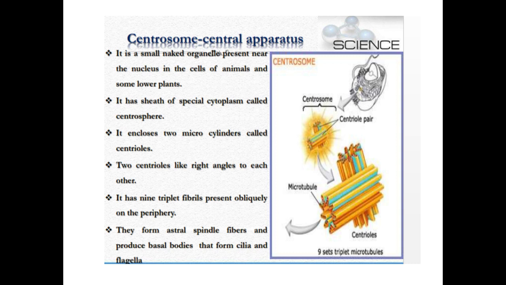The centrosome is used as a central part in the chromosome, which is used to separate the chromosomes for cell division. Can you understand this, children? Right. So they form the spindle fiber and produce basal bodies that form cilia and flagella. So by this, cilia and flagella are also formed for this separation. We'll move to the next one.